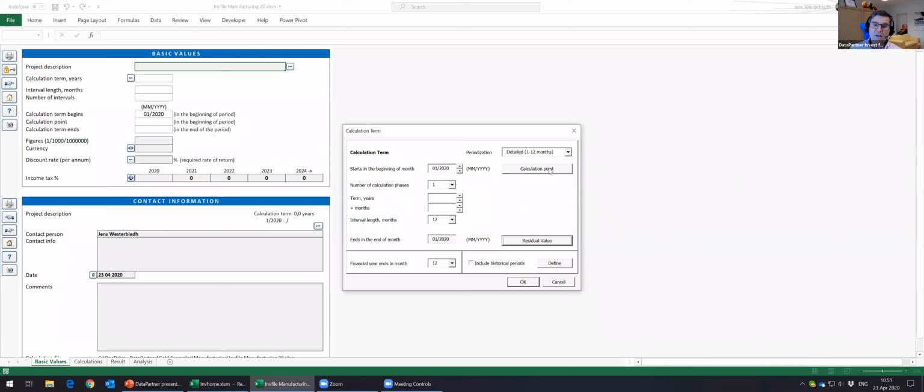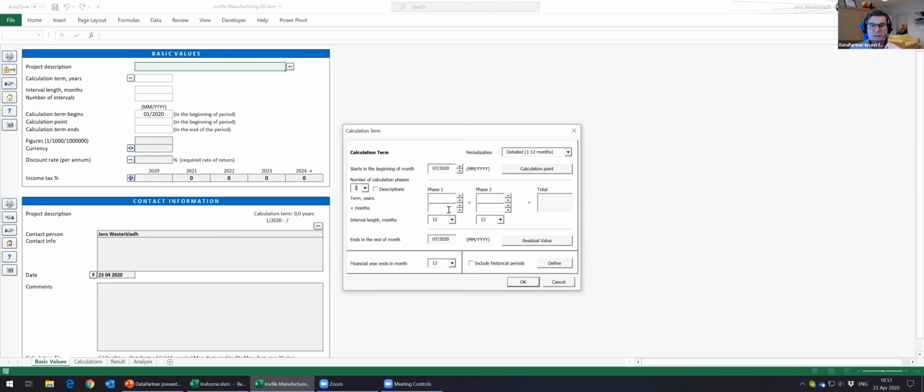And now I get to choose exactly which month the project begins, which was July. Then I want to have the investment phase, the construction phase, separately and in more detail. I want to see it on quarterly basis. So I switch from 1 calculation phase to 2 calculation phases.